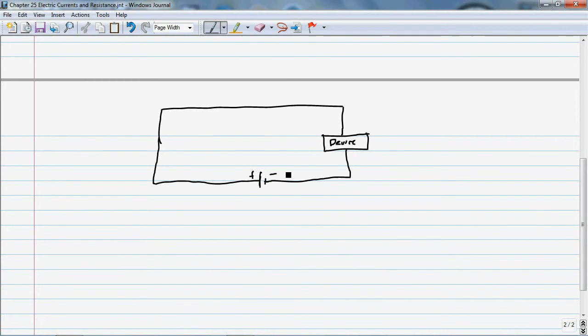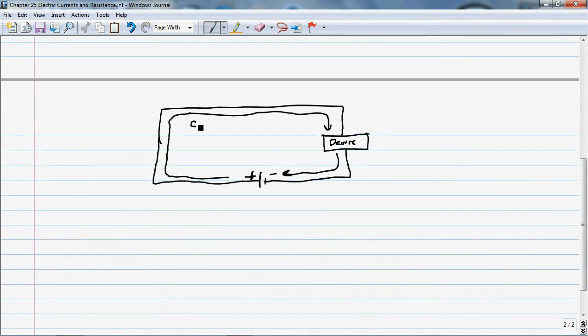So for years, engineers knew about charge, but they didn't know what the charge carriers were. And so they just assumed that there were positive charge carriers. And everything was based on positive flow. So you have this direction where charges flow from the positive side of the battery around through the device and back to the negative side of the battery.